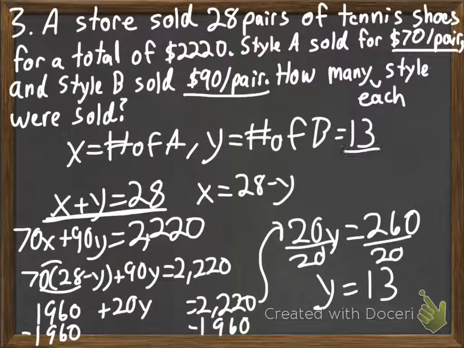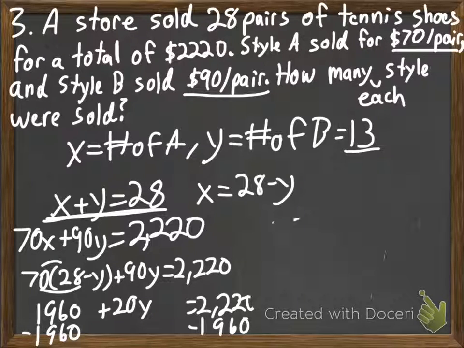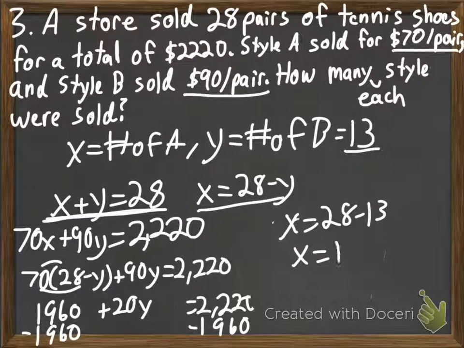So I'm going to put that up here. What we're going to do now is I'm going to erase some of this, and we're going to plug that into this. So we know that x equals 28 minus y, so x equals 28 minus 13, so x equals 15.